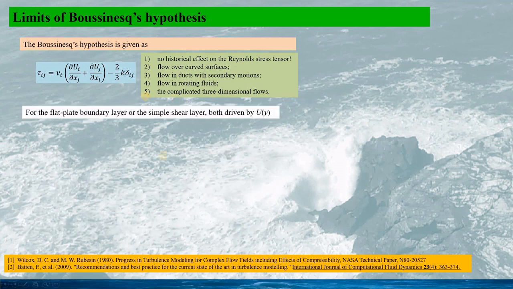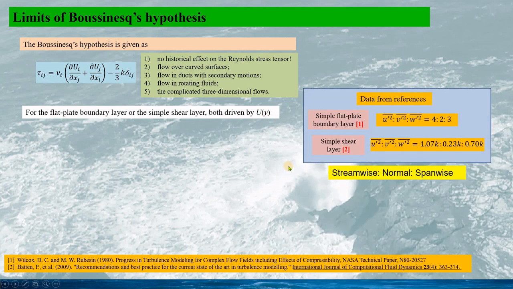For example, if we take the flat plate boundary layer or the simple shear layer, both are driven by capital U(y). From the relevant references, we can see for the simple flat plate boundary layer, the normal Reynolds stress ratio for the 3 different directions, 4 compared to 2 and 3.